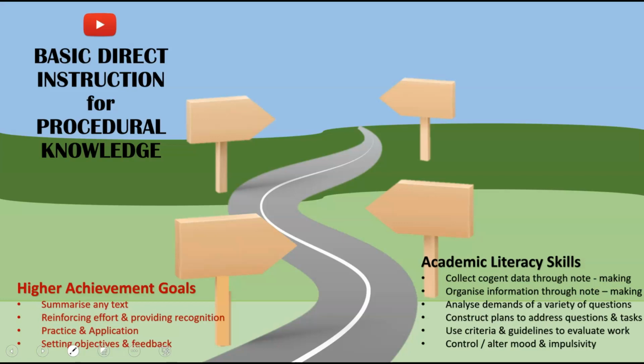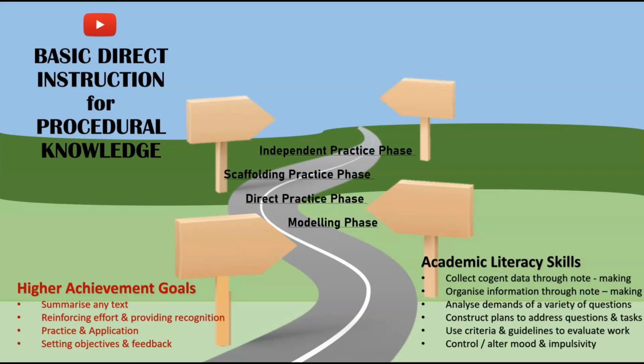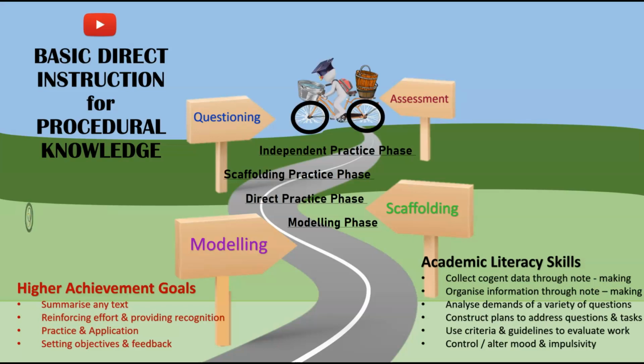Okay, then we've got the basic direct instruction for procedural knowledge. This strategy is used when you're teaching the how-to, where you model, you scaffold, you use questioning and assessment, like learning to ride a bike.